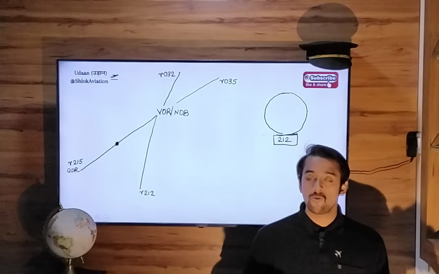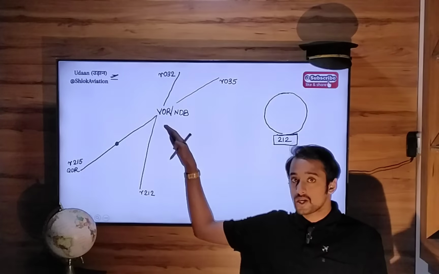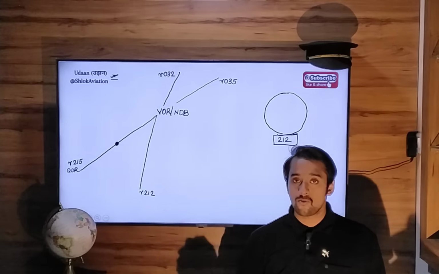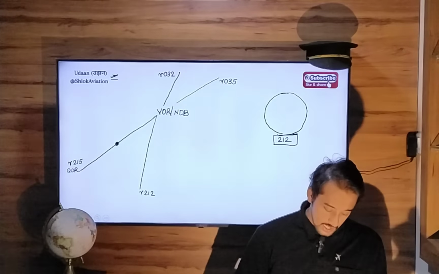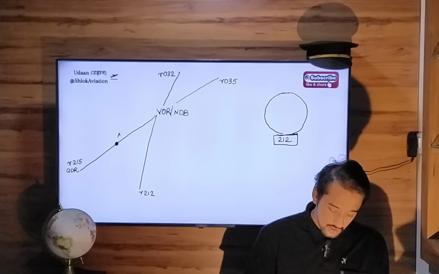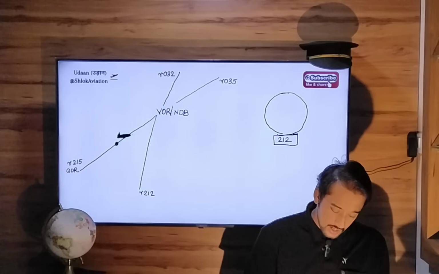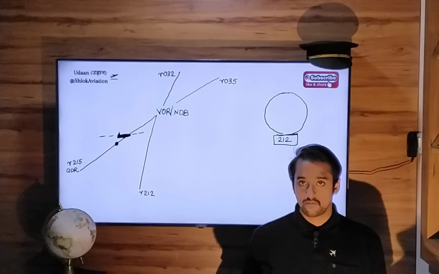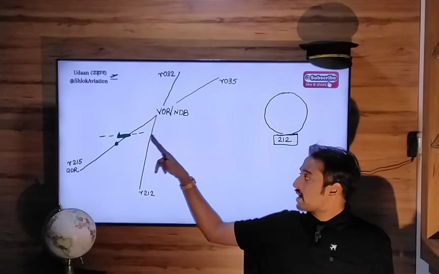Next, you are flying at a heading of 041. A heading of 041 will take you towards the VOR NDB station, not away from it. So your aircraft is pointing somewhere that way, which will be the 041 direction. 035 is this, so 041 will be to the right of it.